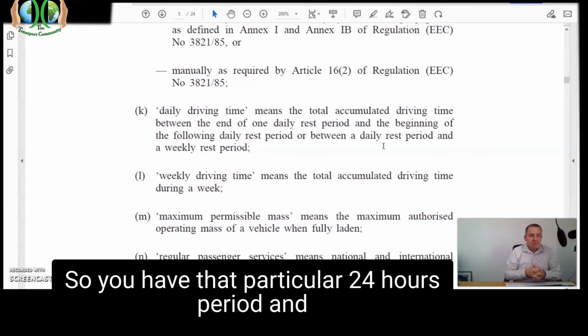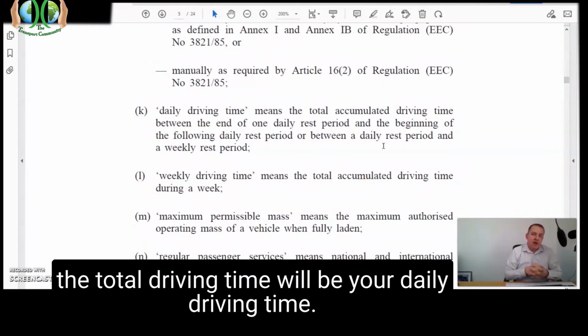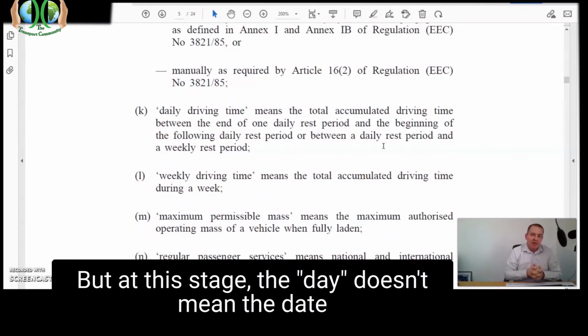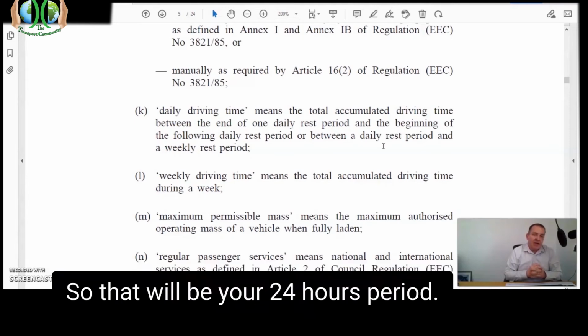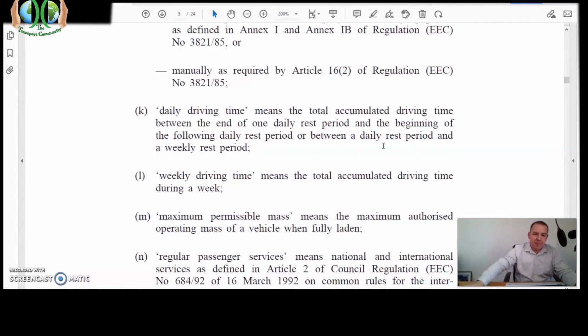So you have that particular 24 hours period, and the total driving time will be your daily driving time. But at this stage, the day doesn't mean the date, the given date or the given day as a calendar day. So that will be your 24 hours period.